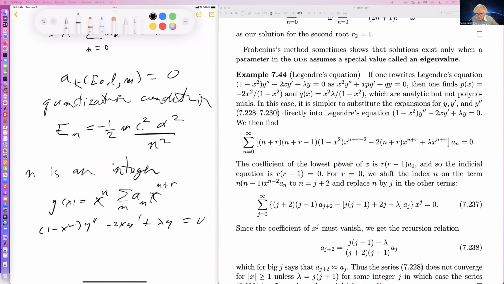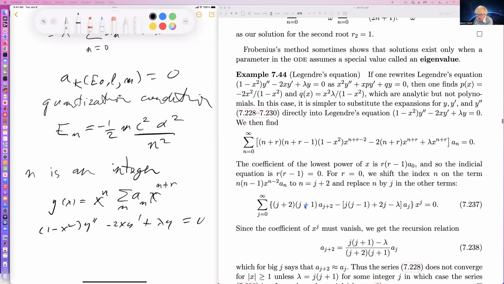Now you look for the lowest power of x, and it's again x to the r minus 1. So you again get the same indicial equation, that r equals 0 or r equals 1. For r equals 0, you substitute r equal to 0 in here, and you want all the powers to be the same.